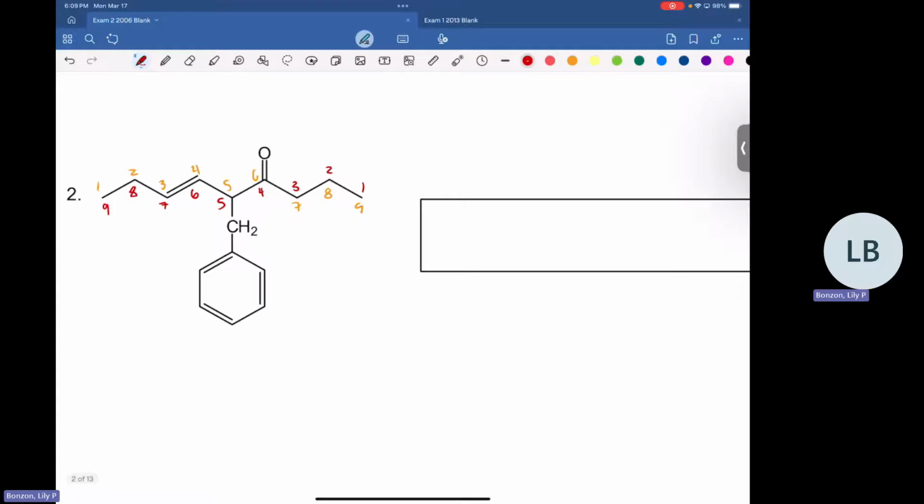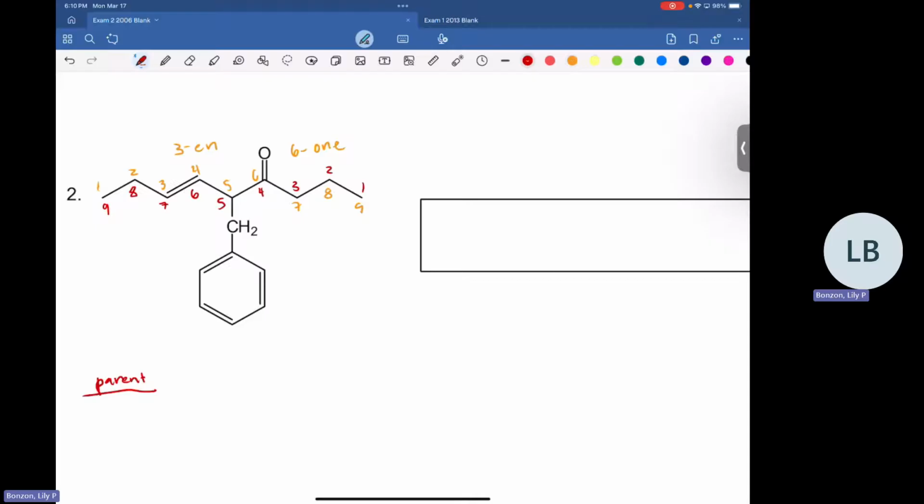All right, so with our parent name, we have a ketone and we have a double bond. So in this case, the higher priority group is going to be our ketone. So we want to give the ketone the lower number possible. So with the orange nomenclature, we would have the 3-ene and 6-one.